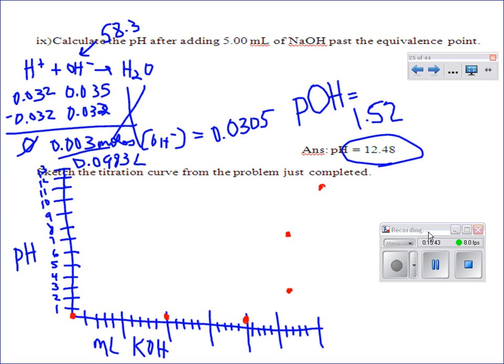So this is a very distinct, strong curve where we start out really flat, nothing happens, and all of a sudden it jumps up. I should probably have filled in some more points, but it's going to taper off. When the base totally takes over, we're just looking at 100% pH provided by the base. One thing to note is the equivalence point is at 7. That's really important in a strong situation.